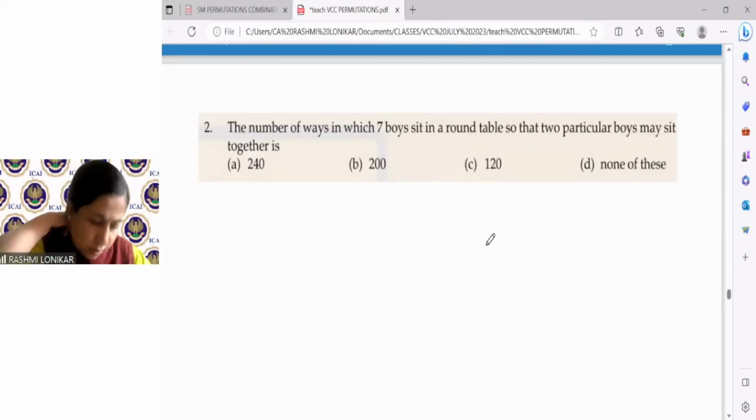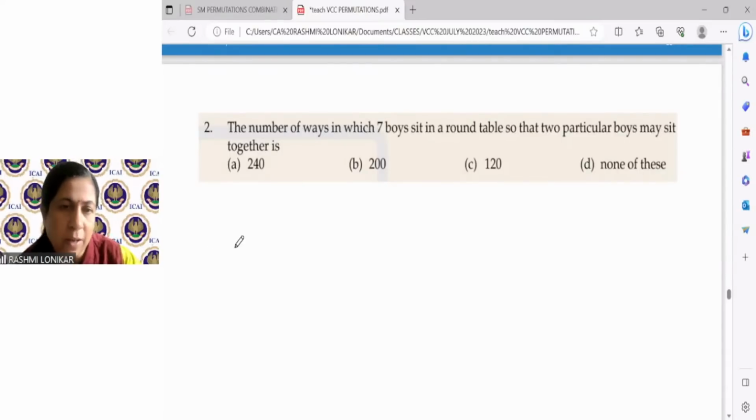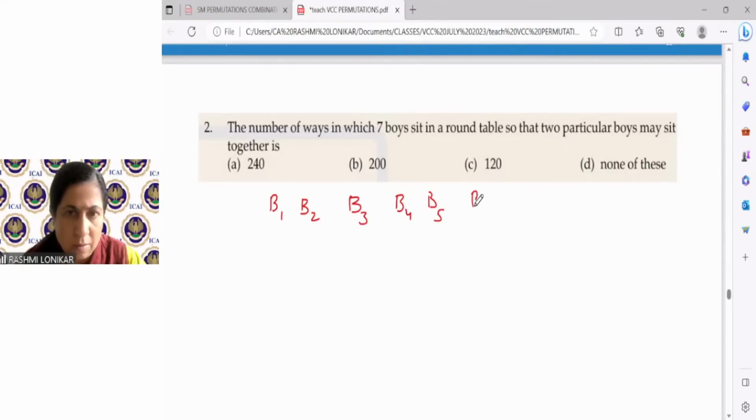Okay, now this sum. The number of ways in which 7 boys sit around a round table so that 2 particular boys may sit together. So I have B1, B2, B3, B4, B5, B6, B7. Now these two want to always sit together. What does this mean? This means as if we have one big boy.